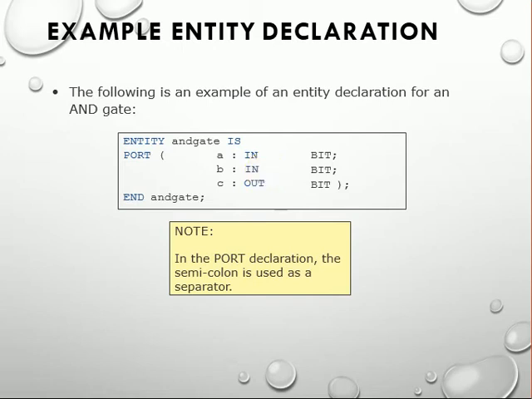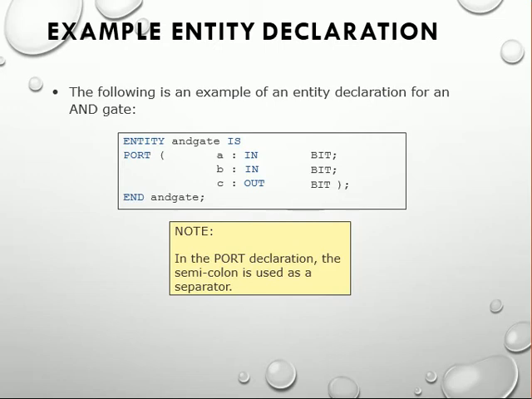This is again a keyword, and after that it will be followed by bit, that is the port type. Then again a semicolon, and then there will be a third port, so here it is C, semicolon.